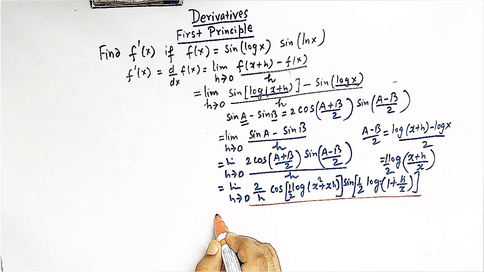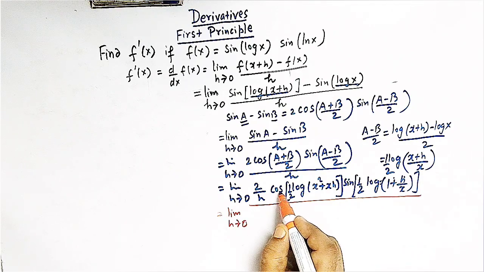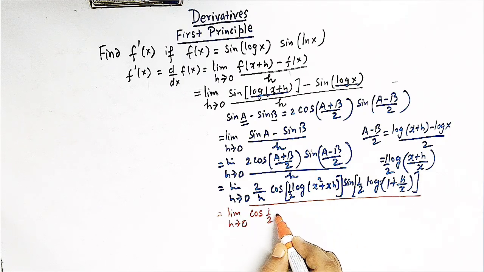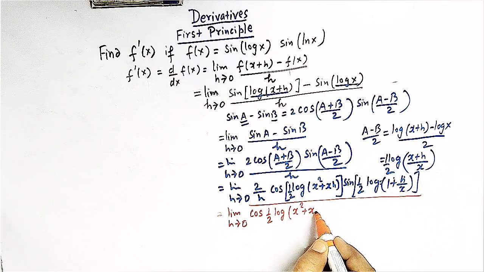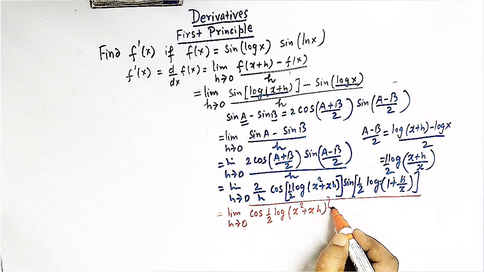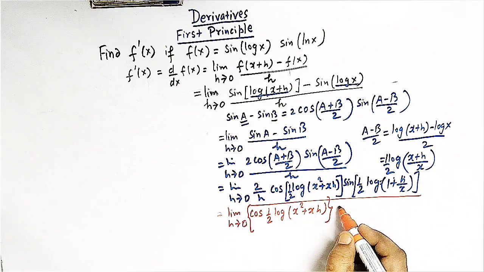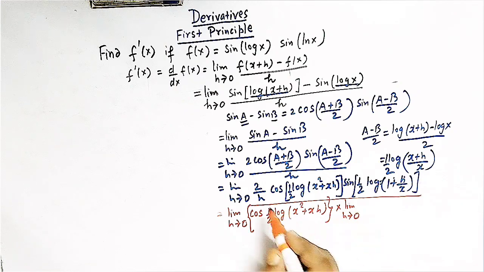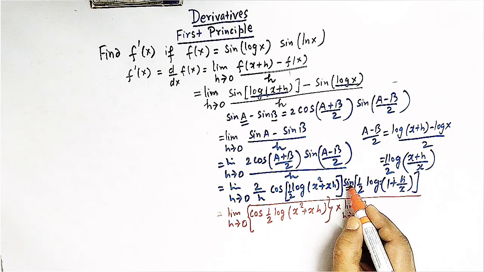We write limit h tends to 0 of the first term, cos of half log of x square plus xh, and then limit h tends to 0 where we combine the term 2 over h with the sine term.